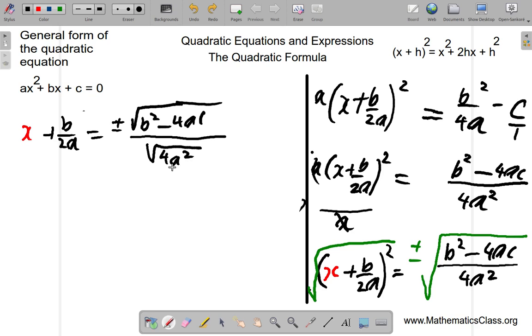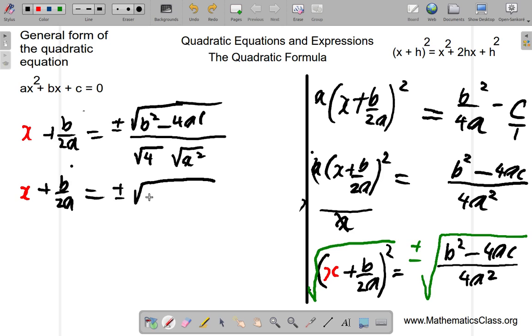The square root of 4a squared you could separate as well: the square root of 4 times the square root of a squared. So x plus b over 2a equals plus and minus the square root of b squared minus 4ac over, the square root of 4 is 2 and the square root of a squared is a.